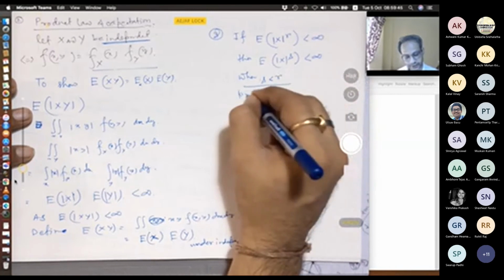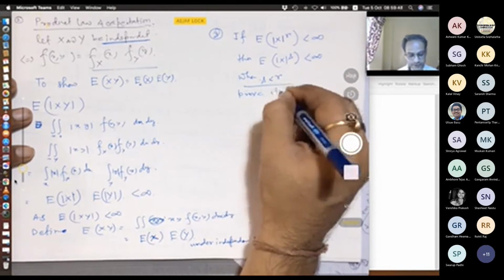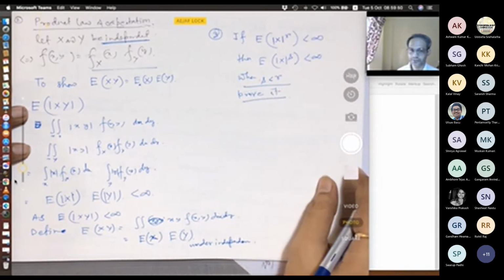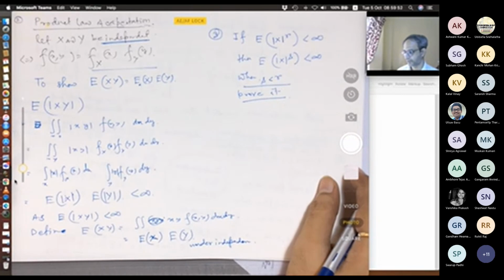Okay, prove this. This is one interesting fact, might be often useful.